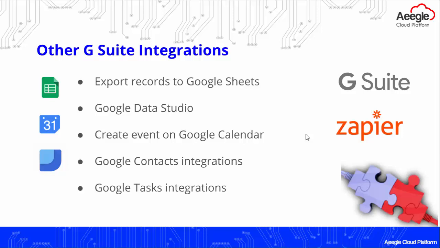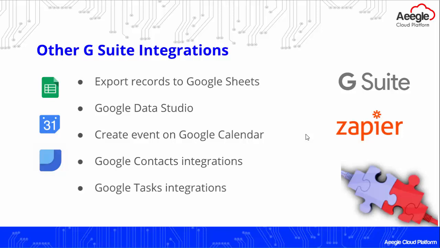For this slide, I would like to show you some integrations that I have achieved by using Google Sheets. So I'm exporting the records to Google Sheets. When a record is created on an application on ACP, a new row is created on Google Sheets.